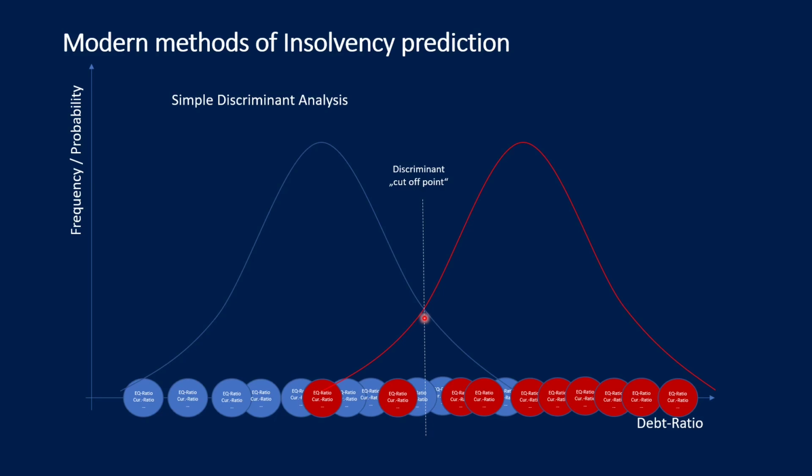But this is not necessarily the case. So if the loss of a company that goes bankrupt is severe, while the profit of a company that does not go bankrupt is rather low, we can also shift this cutoff point further to the right or further to the left, depending on the situation.